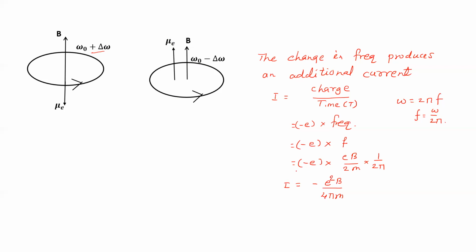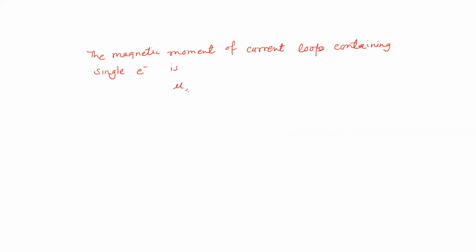And because of this current, the magnetic moment of a current loop containing a single electron, we know, is given as mu E is equal to the current multiplied by the area of the loop.